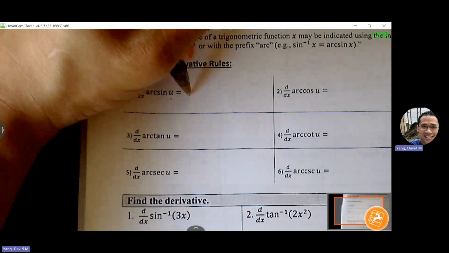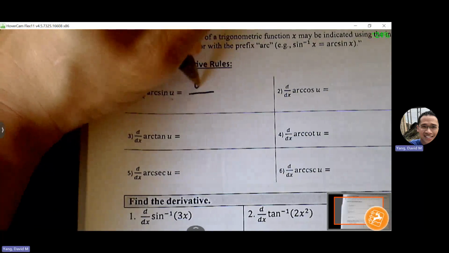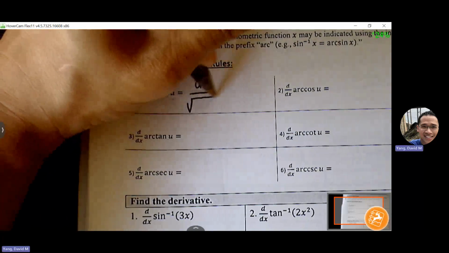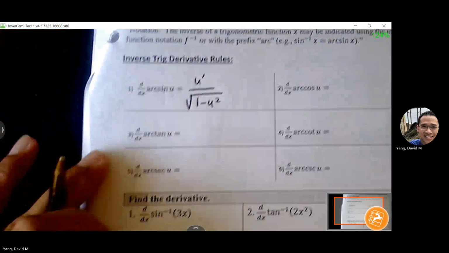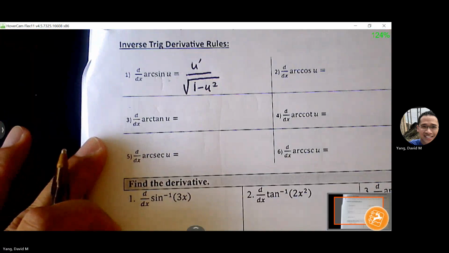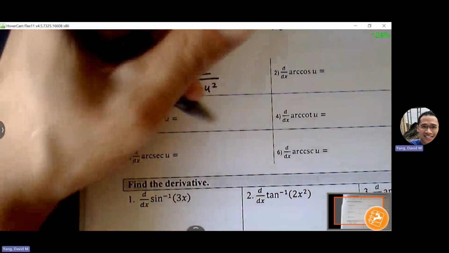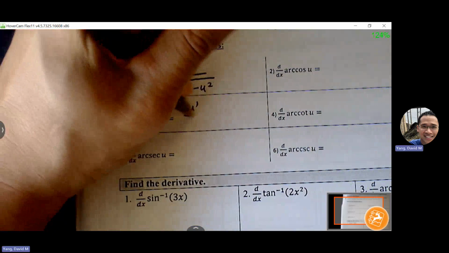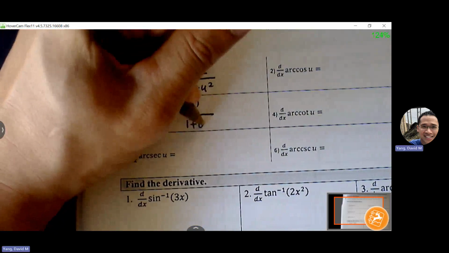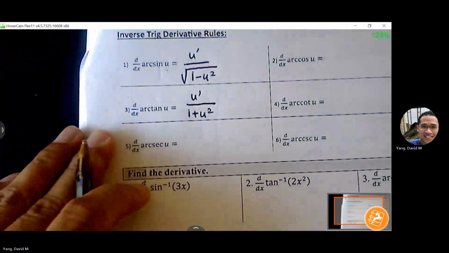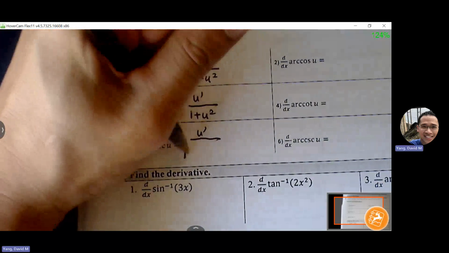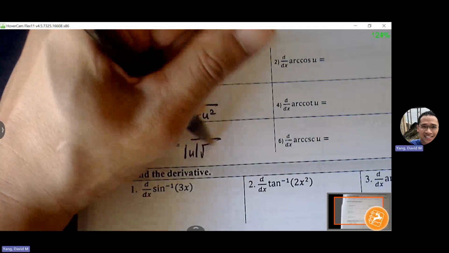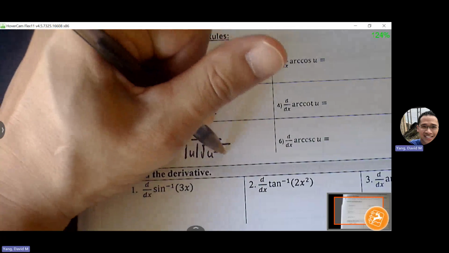Arc sine is just going to be u prime over the square root of 1 minus u squared. Arc tangent is u prime over 1 plus u squared. And arc secant is u prime over the absolute value of u and the square root of u squared minus 1.